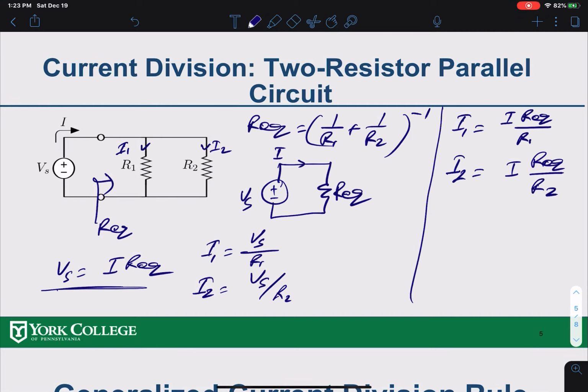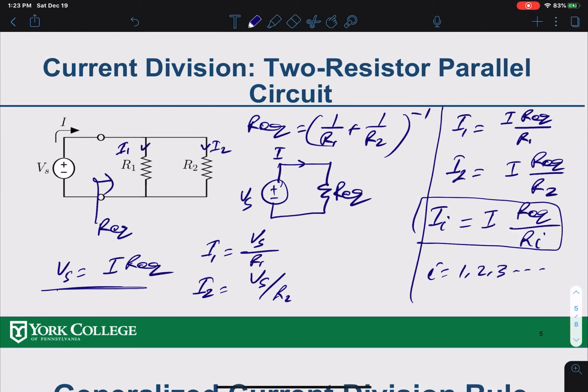You can see that a common equation is surfacing. If I is the same and R EQ is the same, only R1 and R2 change. So for any branch in the parallel connection, Ii is I times R EQ over Ri, where i could be 1, 2, 3, and so on. This is the generic equation for current division.